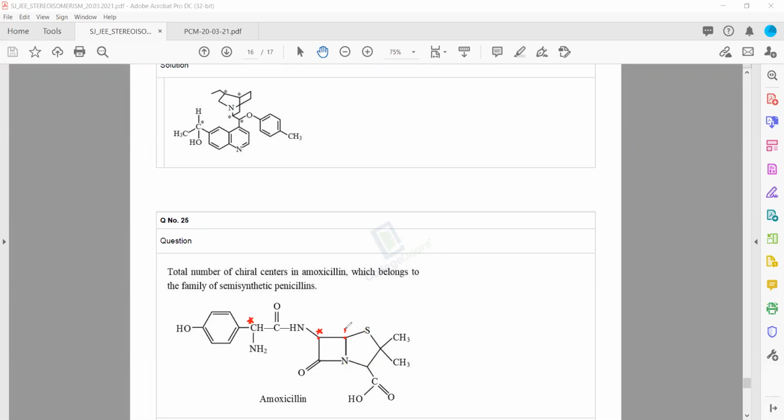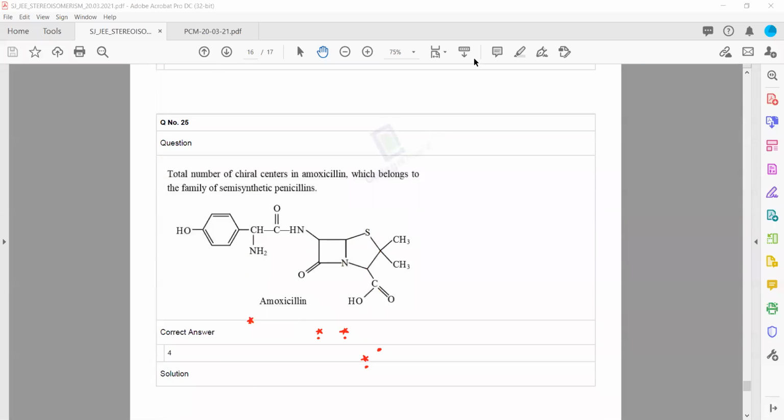Yes. Then this one? No. This one? Yes. That's it. So we have identified all the carbons which were chiral, and the number of them is 4. Clear? Yes, sir.